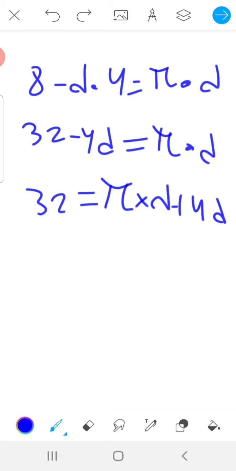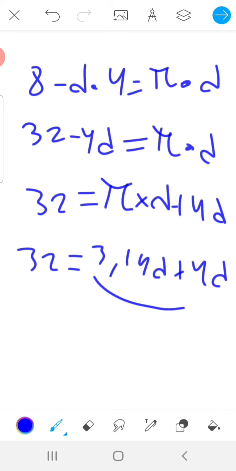Now, what is pi? Well, we know that pi is about 3.14. So we're going to write 32 is equal to 3.14d plus 4d.